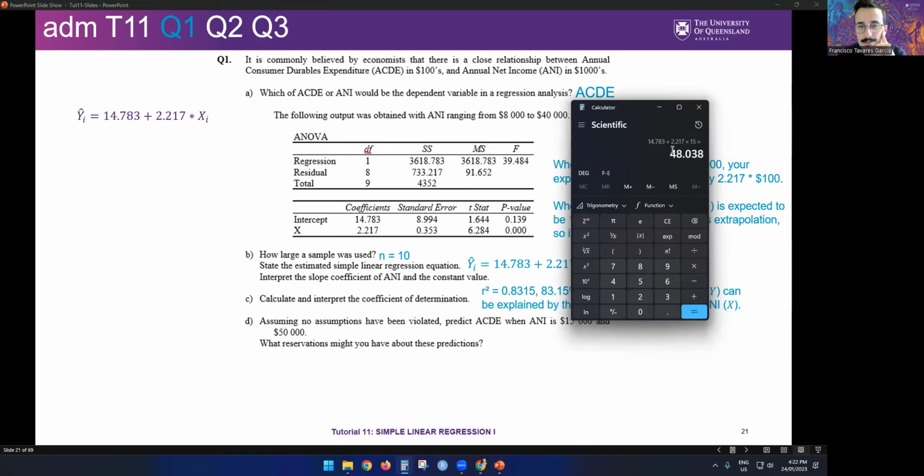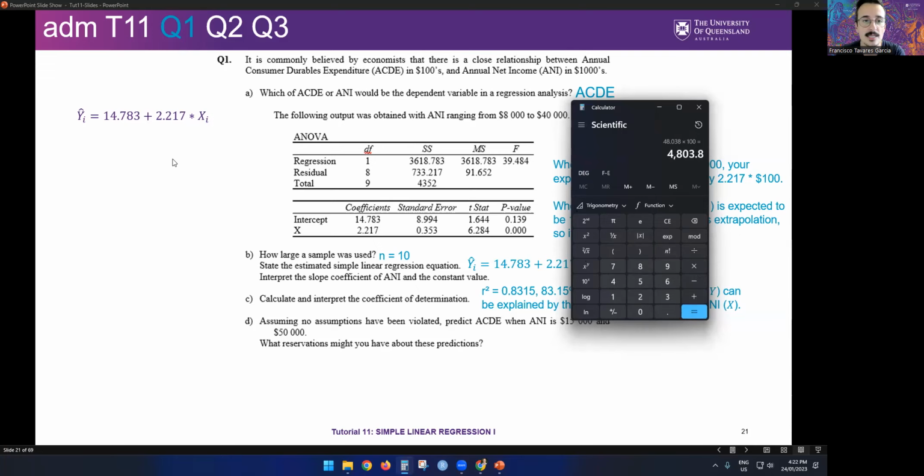Or not yet? Think about it. So once again, annual consumer durables expenditure is in hundreds. So we have to multiply this, same way that we divided the 15,000 by 1,000, now we need to multiply this guy by 100.